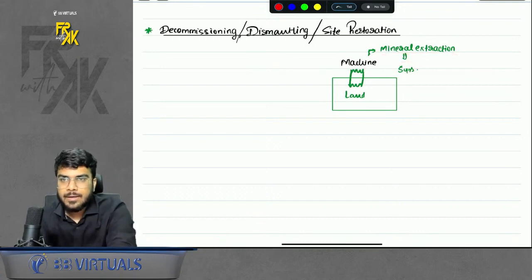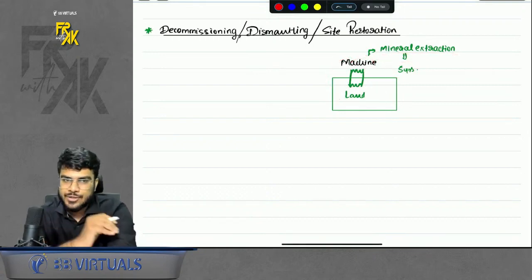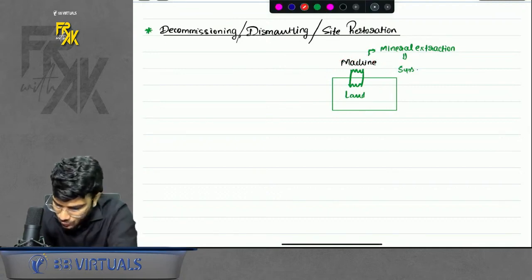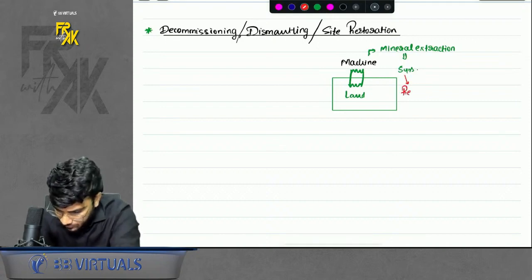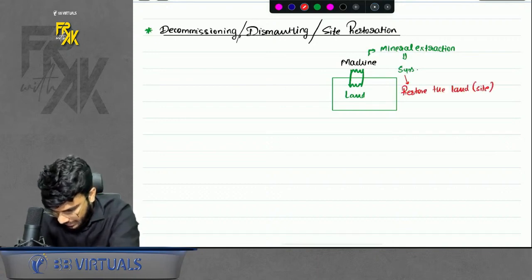But the government will allow you to do this only on one condition, and that condition is you will have to restore the land or site after 5 years.